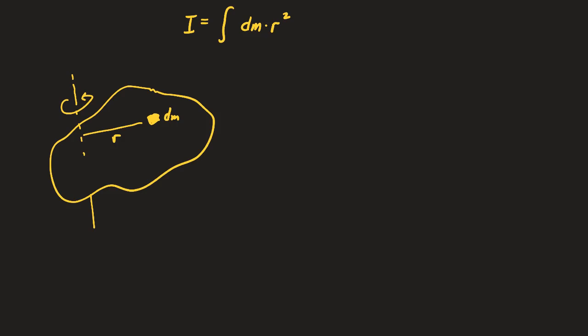But they don't write it like this. They switch and write this as r squared dm, because the order in this calculation doesn't matter. There's no vectors. And more importantly, sometimes m changes with r. You see, there's three things we can't assume. First, we can't assume that our r is uniformly distributed.